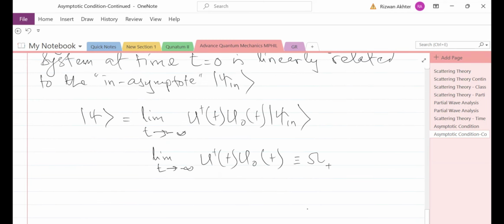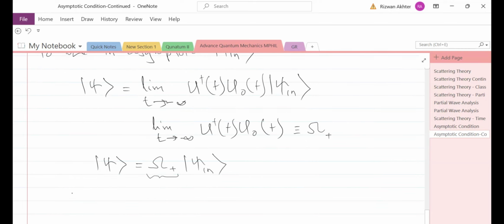Then psi, the actual orbit or the actual state, is linearly related to the in state with the help of this mathematical object, and this mathematical object is in fact the Moller operator. We will call it the Moller operator.